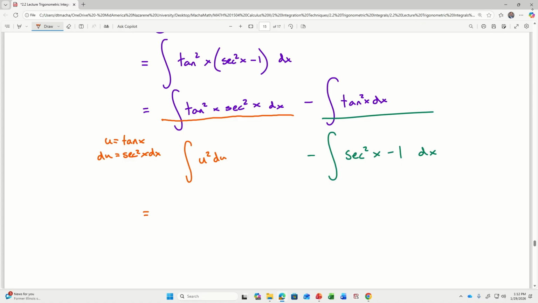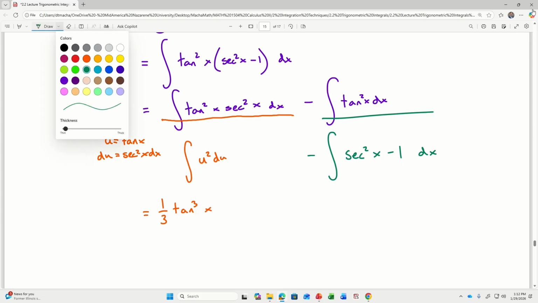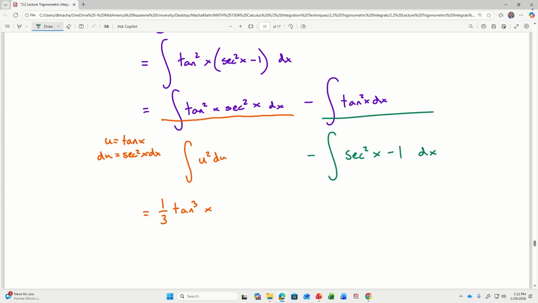So this becomes 1/3 u cubed. And then this over here becomes, what's the antiderivative of secant squared? Tangent. Very good. And minus -1 is +1.